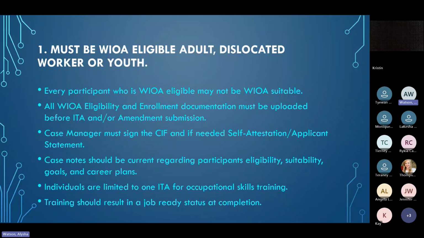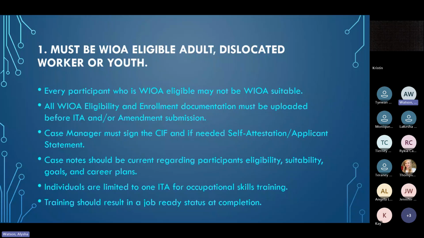All WIOA eligibility and enrollment documentation must be uploaded before the ITA and/or amendment can be submitted. Once that information is submitted, we go through the documents, the case notes, and the services. It's kind of like a mini monitoring that we do to make sure everything is correct, completed, and documents are valid before the ITA funding is approved.